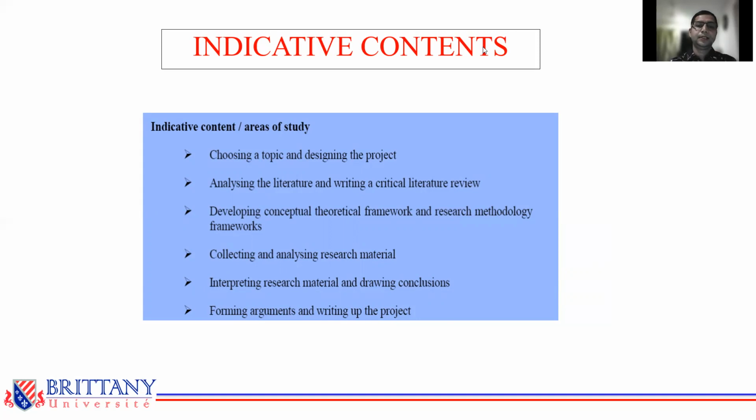And then the second thing is analyzing the literature and writing a critical literature review. You will be guided by your supervisor. In chapter 2, usually the student finds the literature. For the topic you have selected, you're going to find what other research has been done on the same topic, maybe not in the same place or country that you are doing.